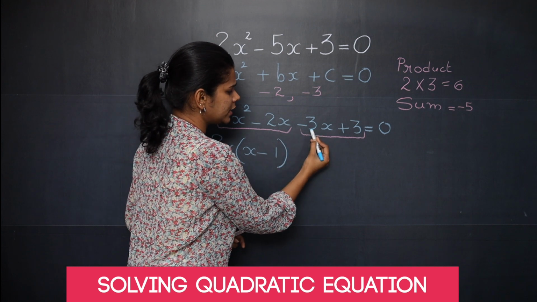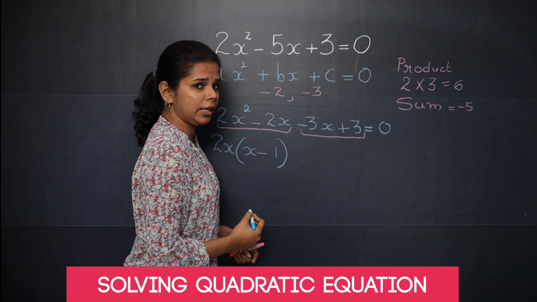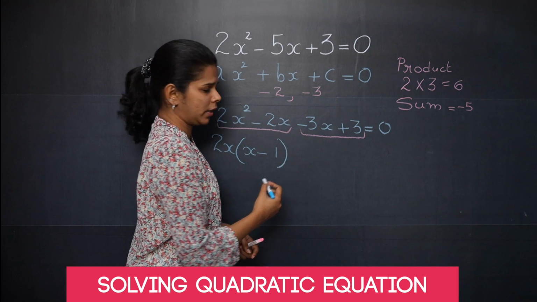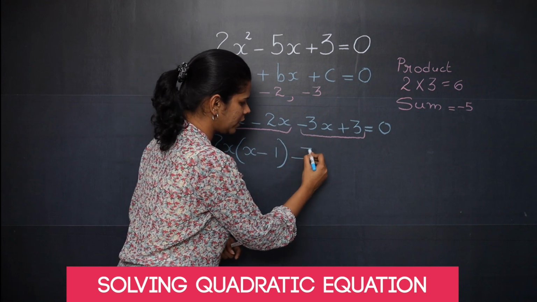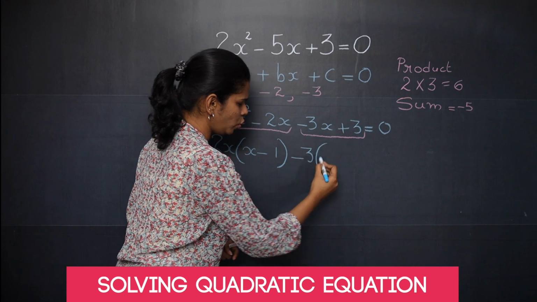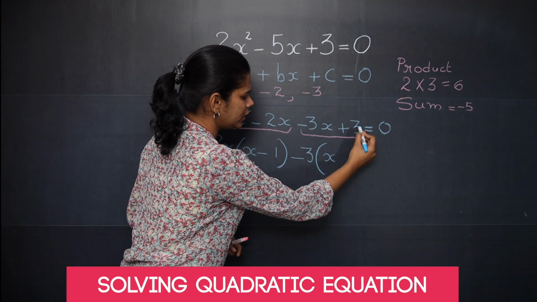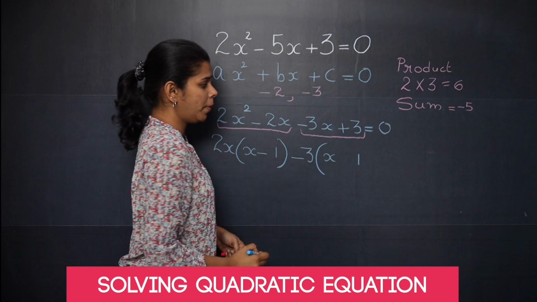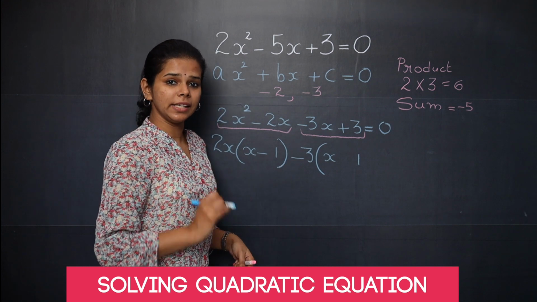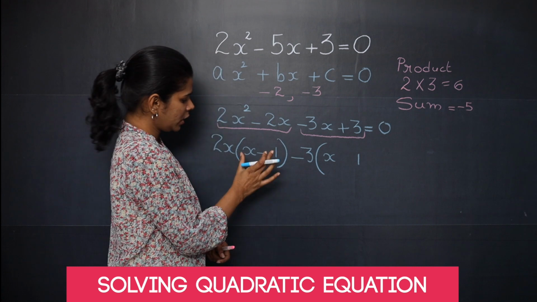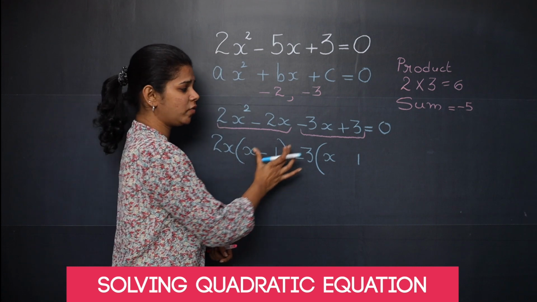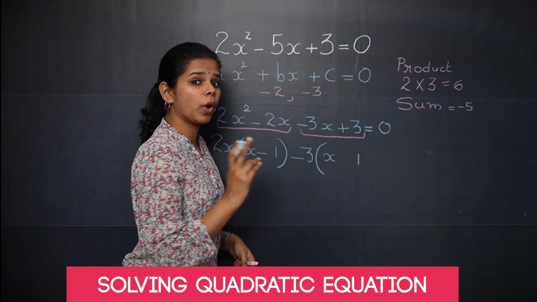Now in this negative 3x plus 3 you have 3 common. So you have a minus outside. So you will take 3 into x and here it will be 1. But what will be the sign inside? Don't write it is plus, because the same thing will be repeated here. That is one hint.